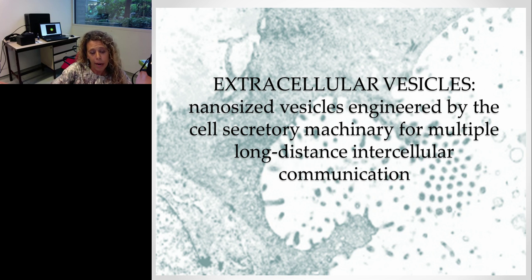So vesicles might be released by cells by fusion of multivesicular bodies with the surface of the cell. Typically, those vesicles present in the multivesicular bodies are small, and they are called exosomes.